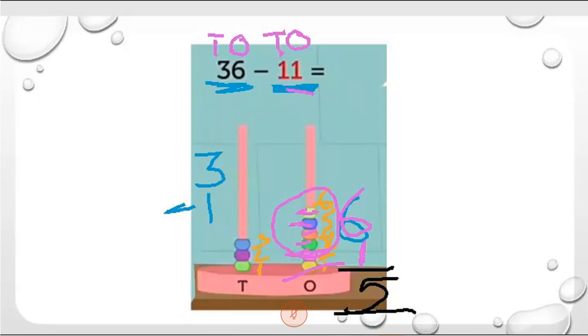So 1 is cancelled. So how many are remaining? 1 and 2. Yes, 2 is remaining. So 3 minus 1 is equal to 2. We got the answer.